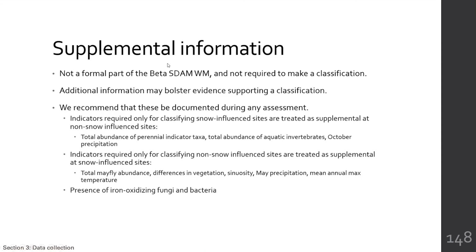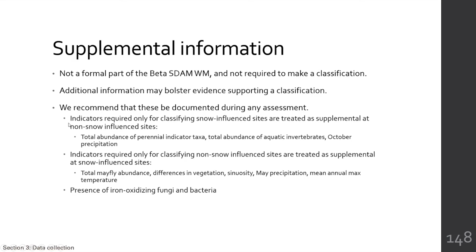We also have supplemental information for the Western Mountains SDAM, just like we did for the arid West. It's not a formal part of the method. It's not required for making a classification, but it may provide additional evidence that supports a classification. And we recommend that they get measured at any point during an assessment.